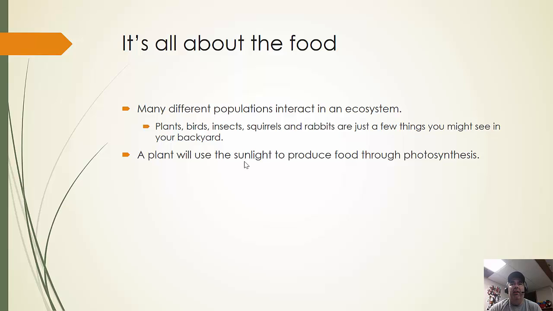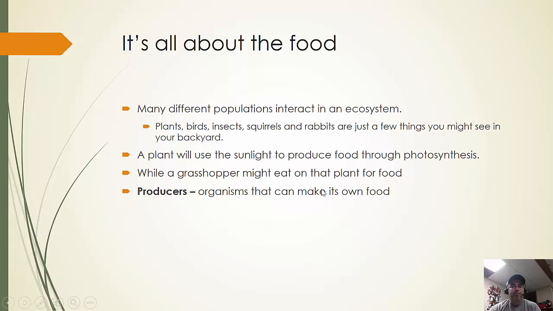So again, you've got that sunlight coming down and it's taking in carbon dioxide, and through the chlorophyll it's producing some oxygen, but it's also producing that glucose, that food that's going to be made from that sunlight. Now, while a grasshopper might eat on that plant for food, the plant's producing its own, but the grasshopper relies on that plant in order for it to be food.